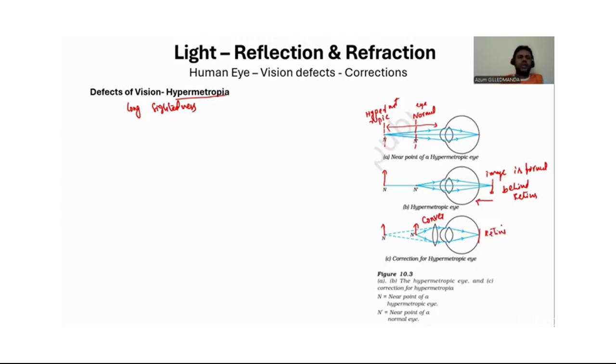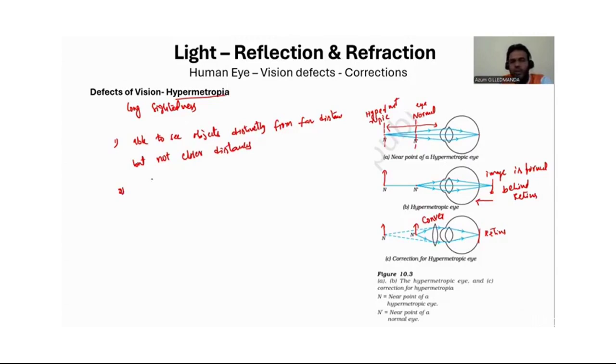So hypermetropia, the long-sightedness, is a defect where you are able to see objects distinctly from far distance, but not closer distances.